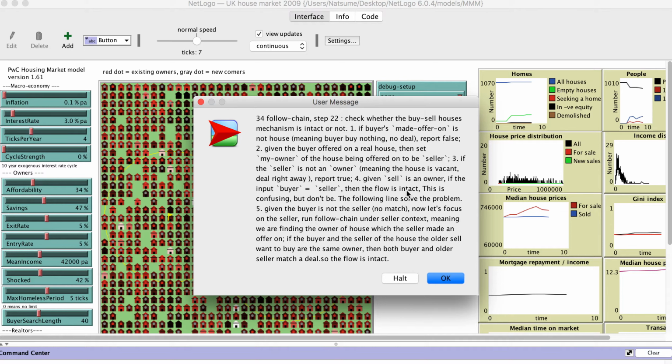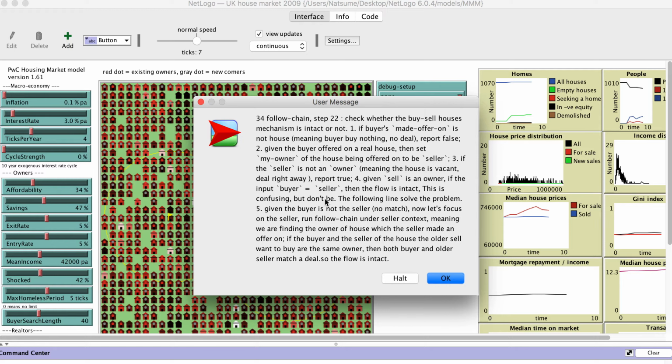Okay, sounds good. But it's also confusing. Buyer wants to buy a house, and that house's owner is the seller. But we say the buyer is the seller, the person who wants to buy his own house. That's just confusing.